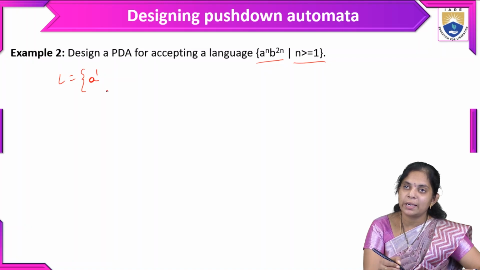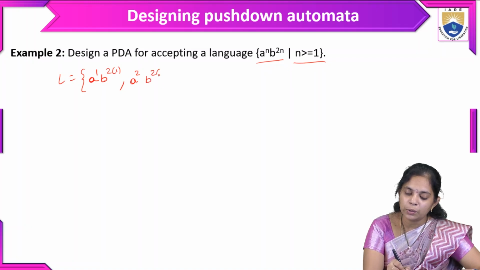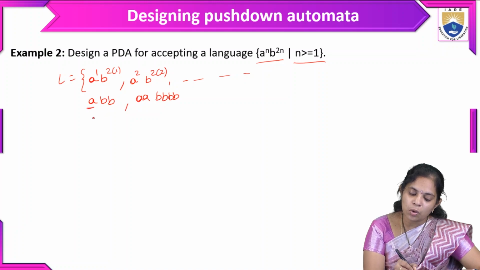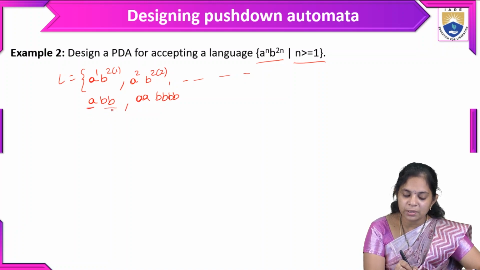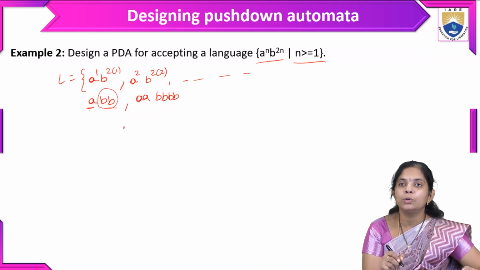From the starting, n is equal to 1, and B power 2 power 1, and n is equal to 2, and B power 2, 2, and so on. So how many A's are there? How many B's are there? Here for one A, we are going to have two B's.